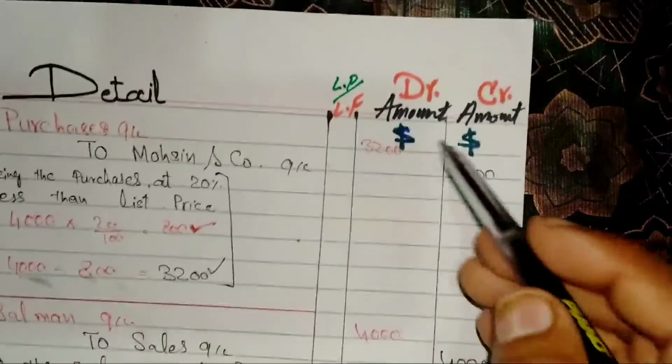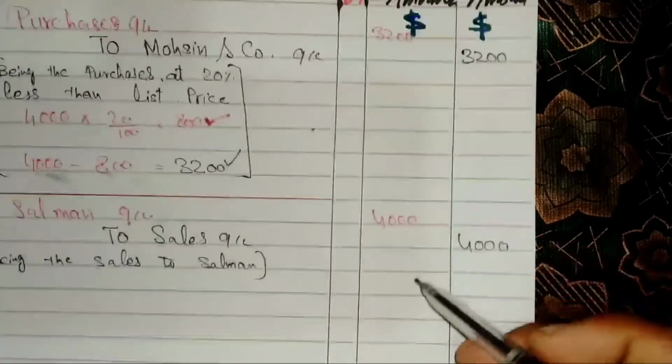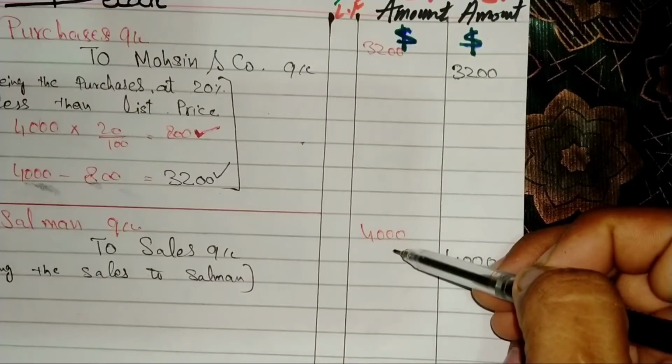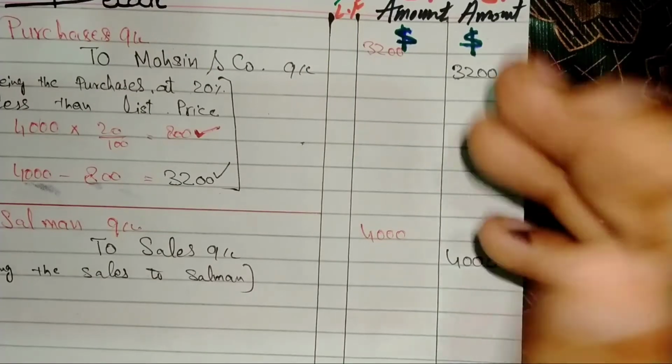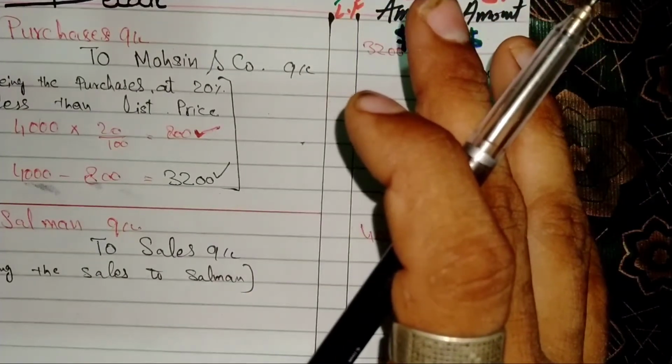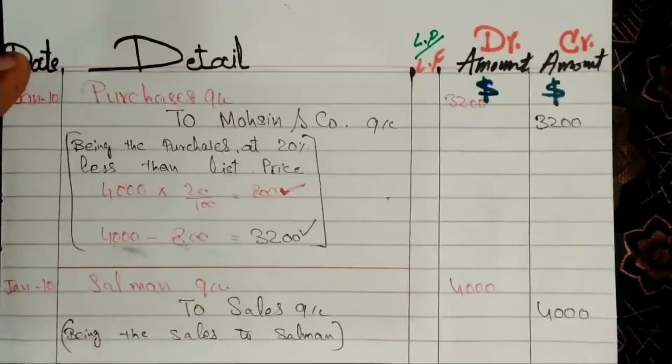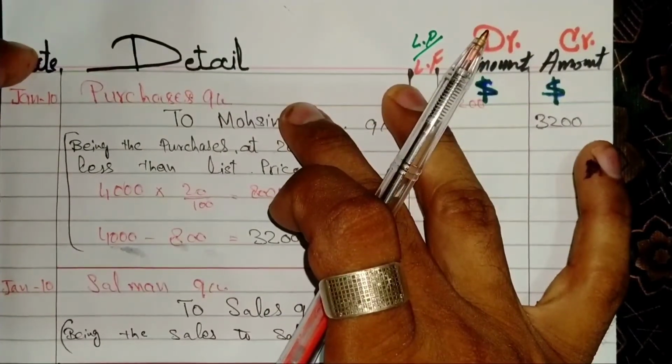This is the purchase amount and this is the sales amount. The difference of purchase and sales amount is $800. $800 will be considered as the profit for the business. This transaction has been completed here.